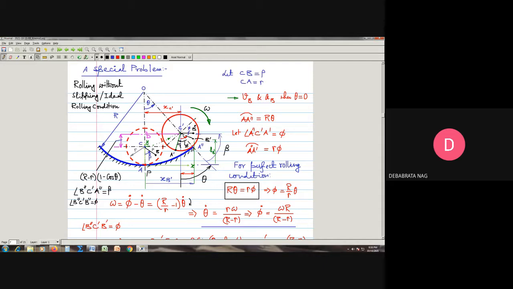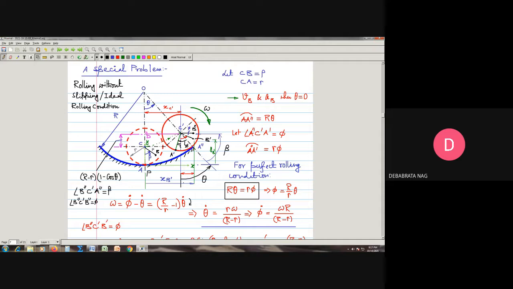So let us now track the coordinates of this point B dash in order to find the velocity of the point B. But we need to first find the velocity at the general configuration of this point, and then we can come to this special initial configuration of the geometry. So we need to express the coordinates of this B dash with respect to this inertial reference frame with P as its origin. In order to calculate the x coordinate of this point, we just take a perpendicular here and note that this is our xb dash.